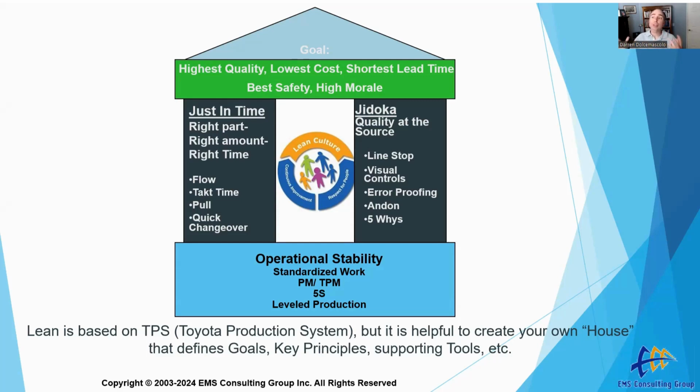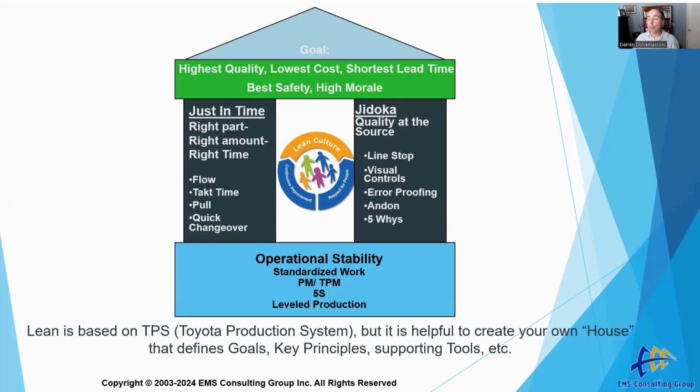Problem solving in general applies to all of this, and especially quality at the source, root cause analysis, things like the 5 whys, and other tools that we can use to create quality at the source rather than downstream inspecting for quality only and finding lots of defects and maybe letting some slip through. Instead, we want to have quality at the source.